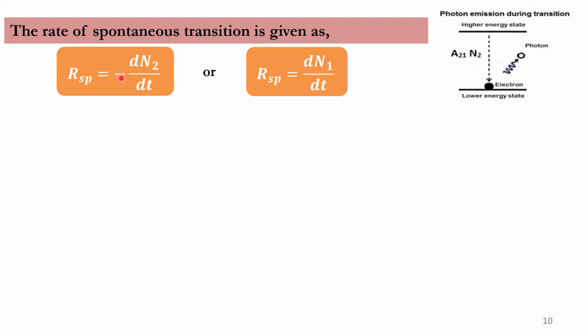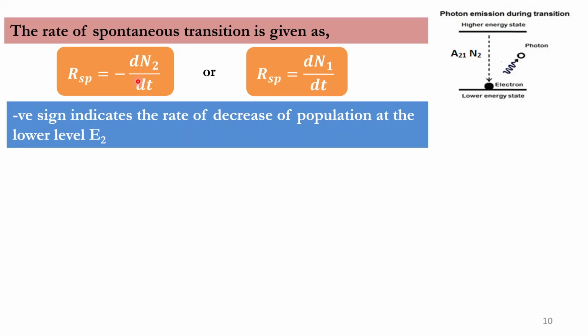Or in another way, we can write the rate of the spontaneous transition as dN1 by dt, which means there is an increase in the population at the lower energy level. So remember the difference between writing it with the negative sign and the positive sign.